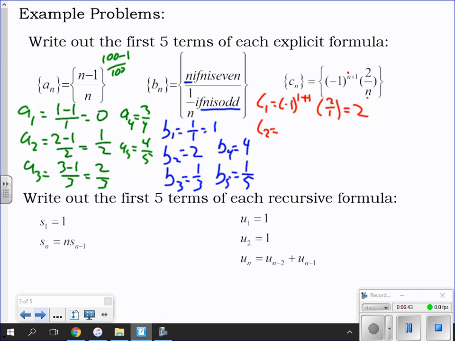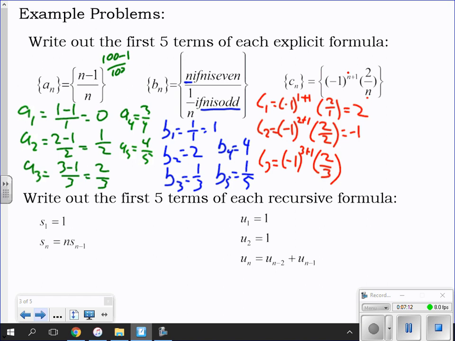C sub 2 is negative 1 to the 2 plus 1 power times 2 over 2, because n is 2. So I have 2 plus 1, that's 3. Negative 1 to an odd power is negative 1. 2 divided by 2 is 1, so I get negative 1. C sub 3, negative 1 to the 3 plus 1 power, times 2 over 3. 3 plus 1 is even.